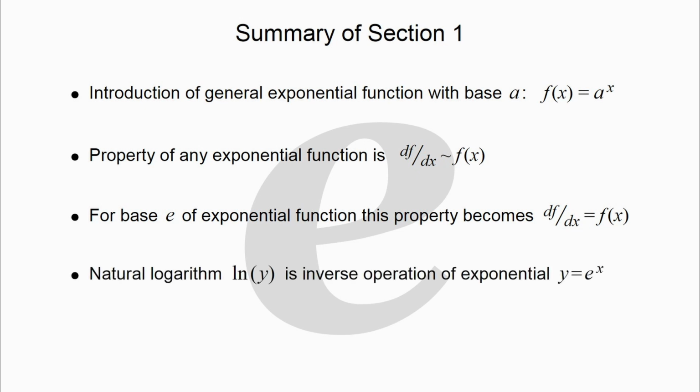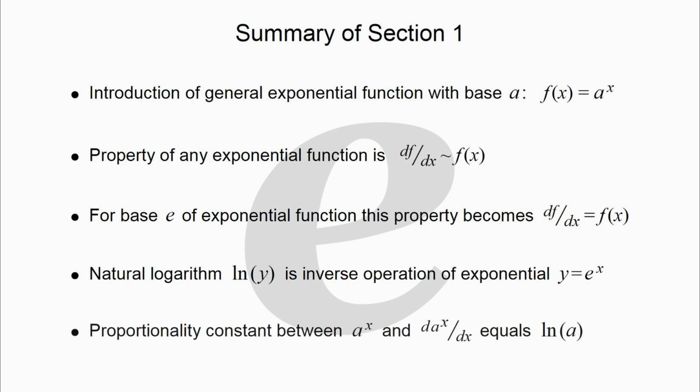Next, logarithms were recapitulated, of which the natural logarithm is the inverse operation of the special exponential function e to the x. And from that we found that the proportionality factor between a generic exponential a to the x and its derivative equals the ln of its base a.